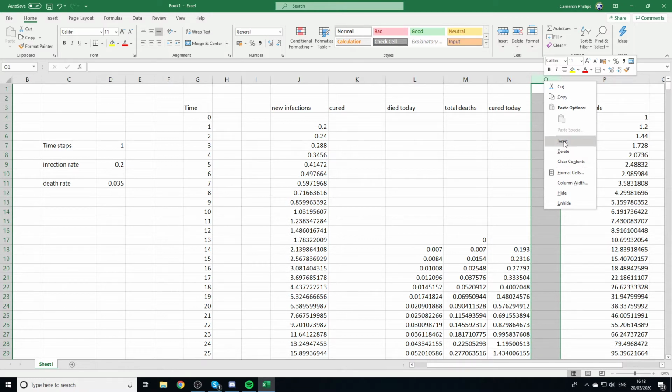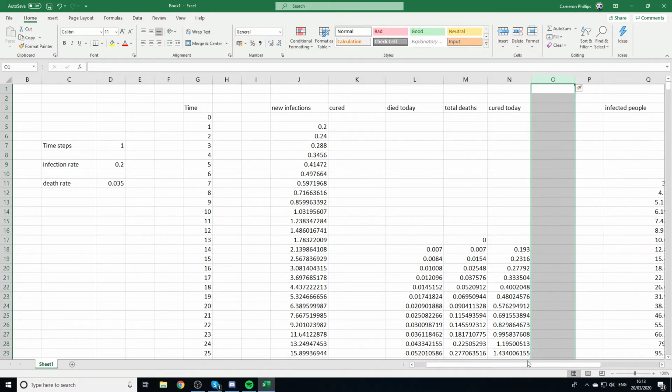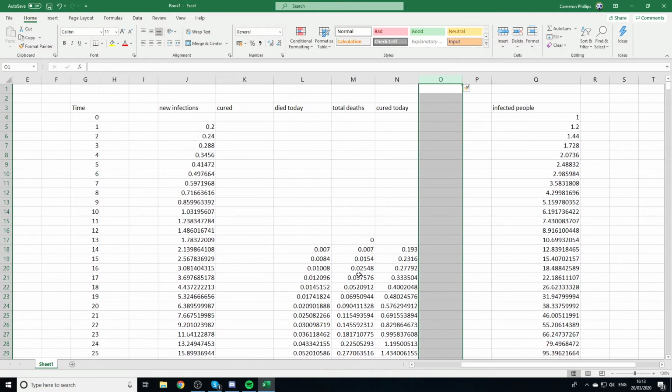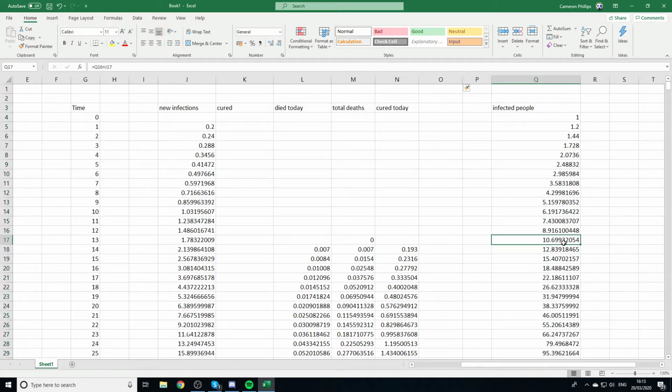We're going to insert another column here. So we have our how many people died today, total deaths today, cured today, and this is infected people, and I'm going to put in there total infections.